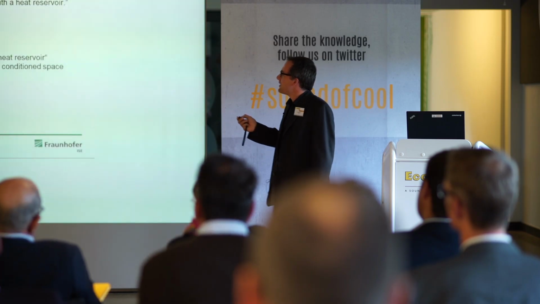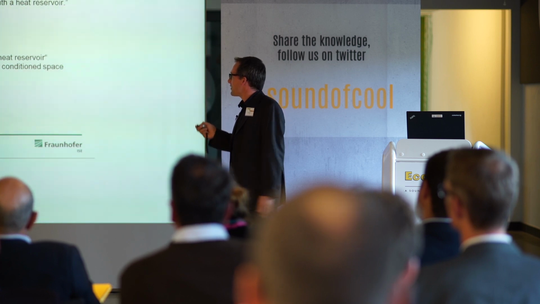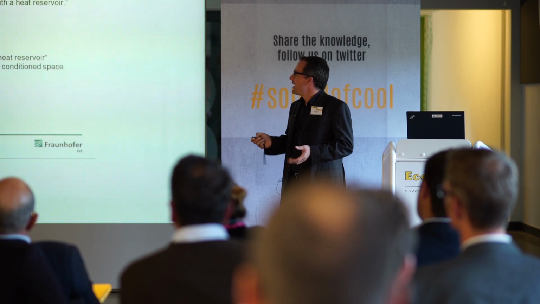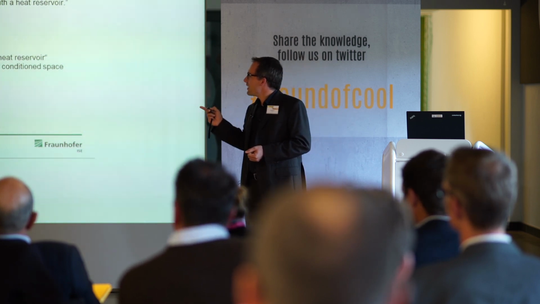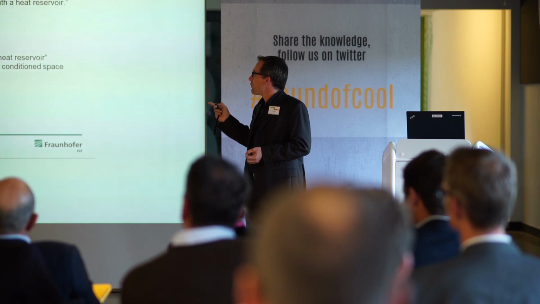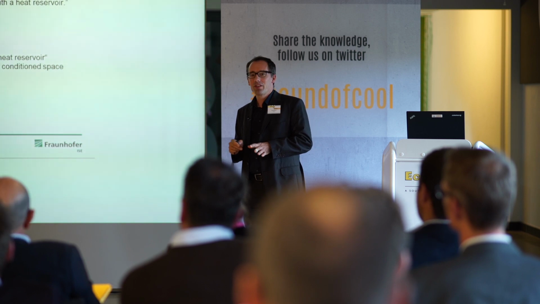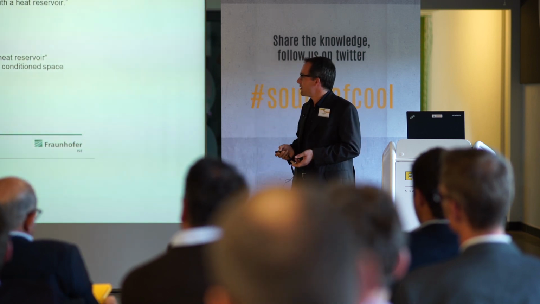So our heat reservoir that the system is taken into equilibrium with is more or less our conditioned space. So that's the room we are in. And if we hear that the exergy is the maximum useful work possible, and we want to use not much of it, so we have to use something that's very close to our environment.